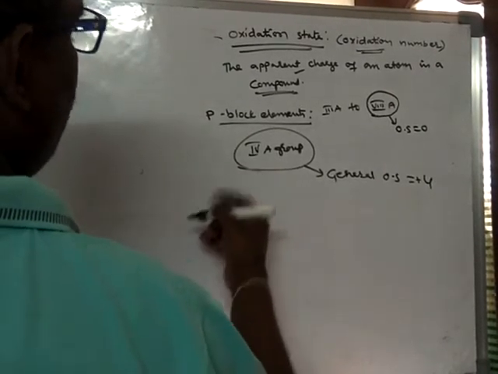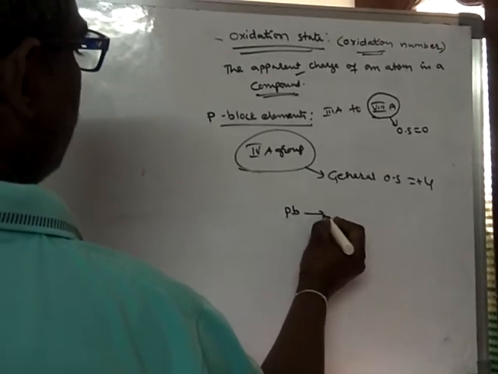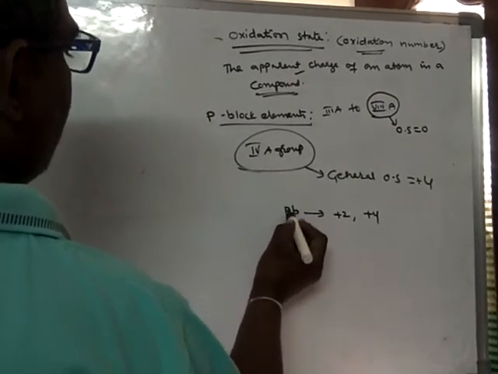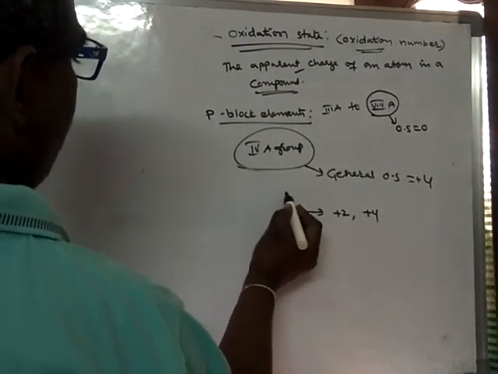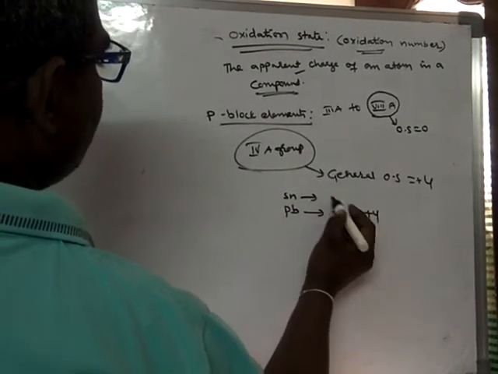But the last element of the fourth group is lead. Lead shows +2 and +4 also. Even its above member tin also shows +2 and +4.